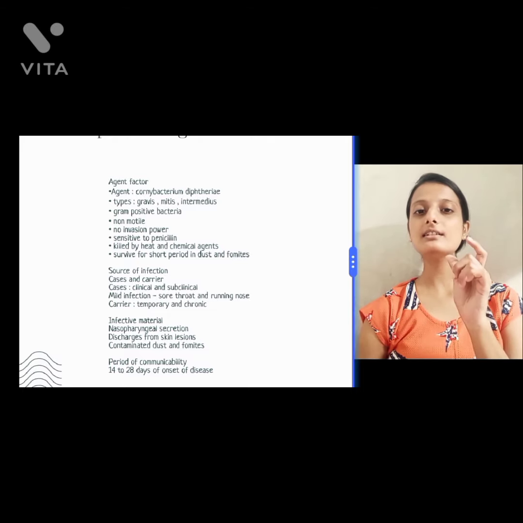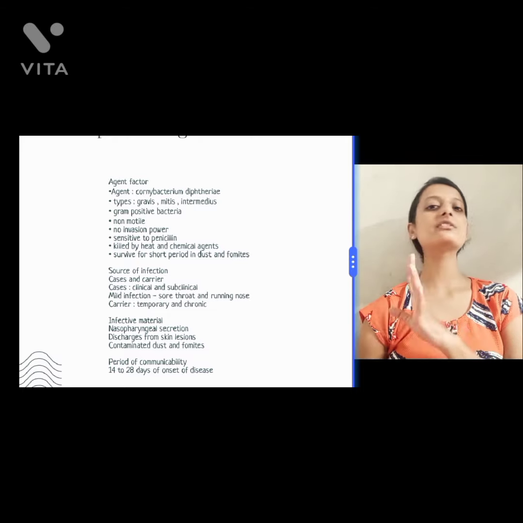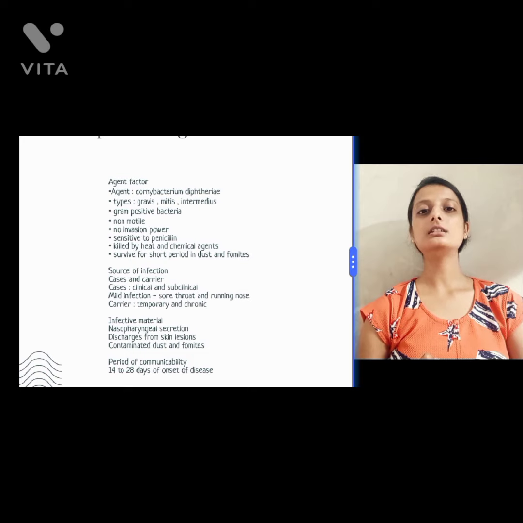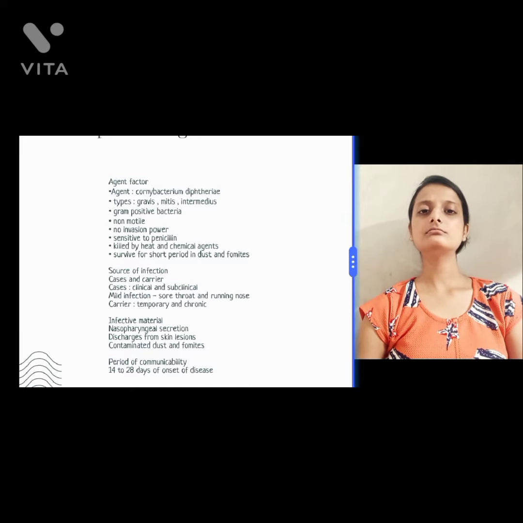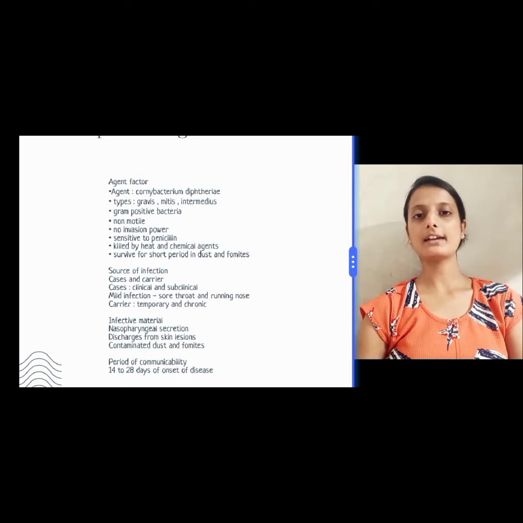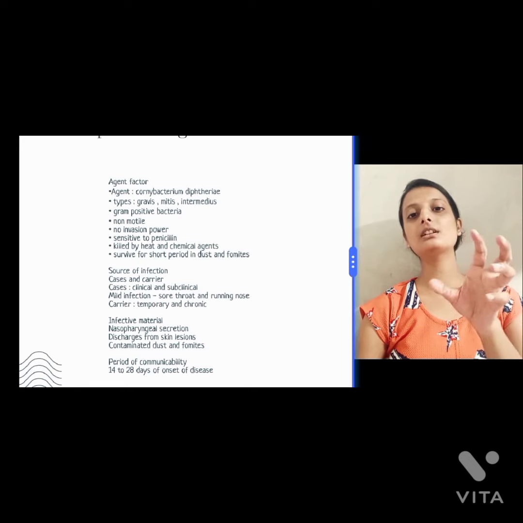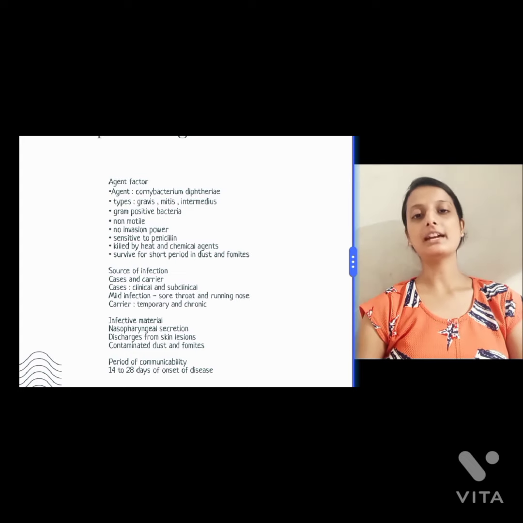Out of these, gravis is the most severe form of the disease. This bacteria is a gram-positive bacteria. It is non-motile, it does not have motility, and there is no invasive power. So it does not penetrate into our pharynx.